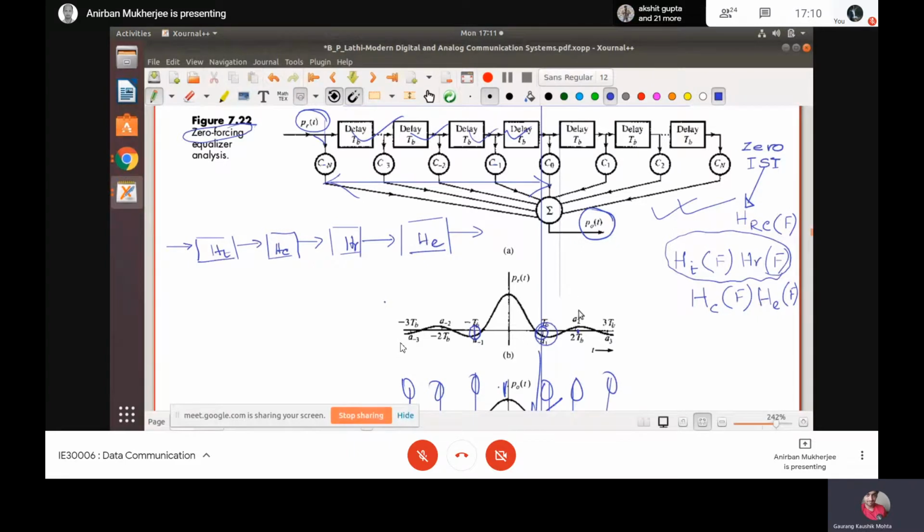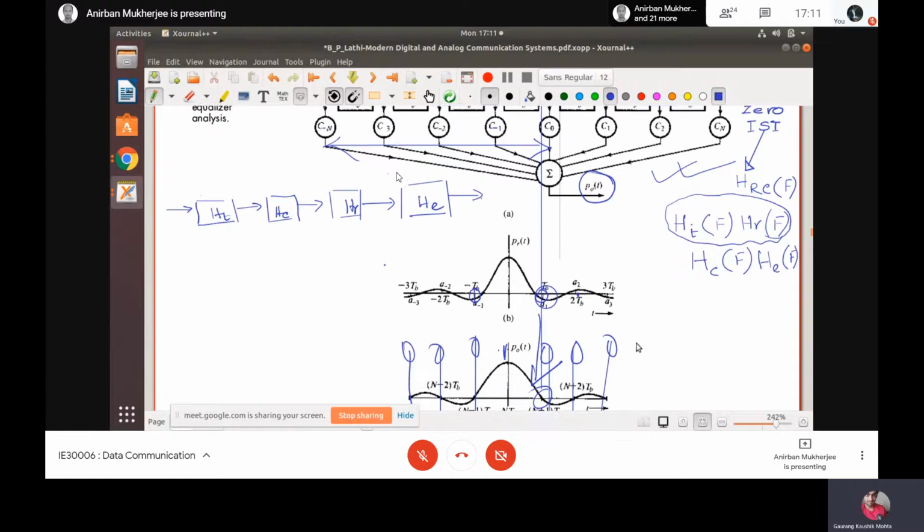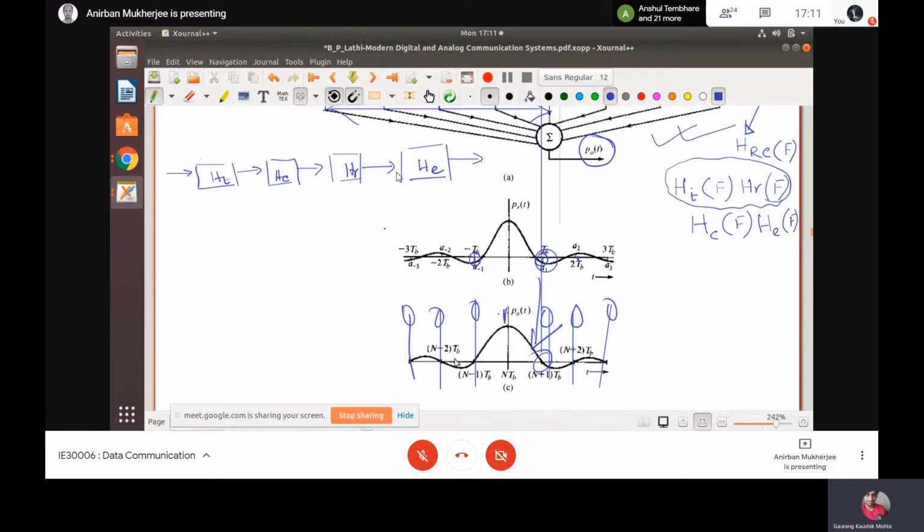Okay. So what we have to do is design this HE so that HE and HC inverse, that is 1 by HC, so that the whole chain from input to output, HT into HR, which is HRC, the raised cosine characteristics, if you remember.